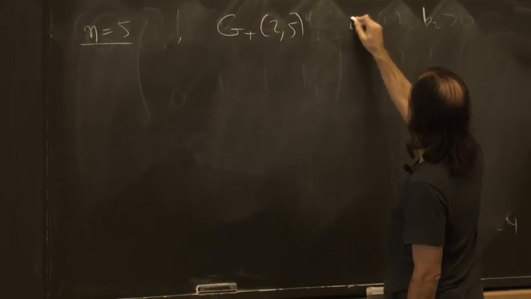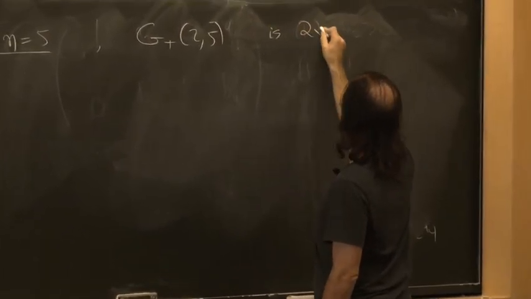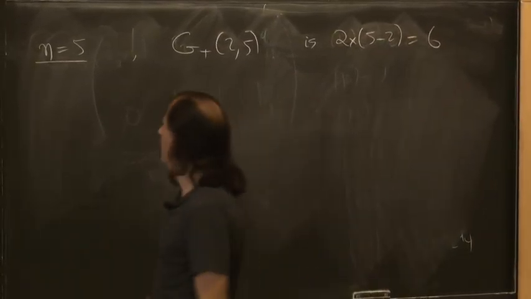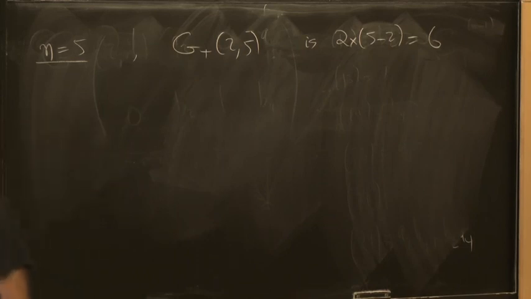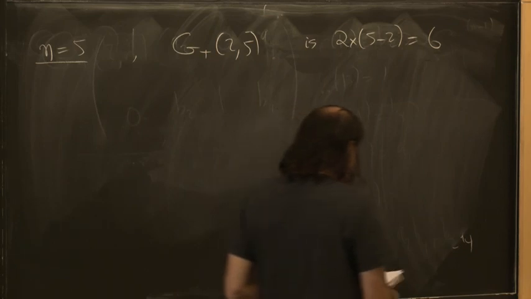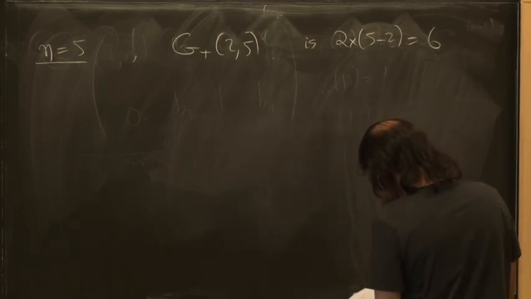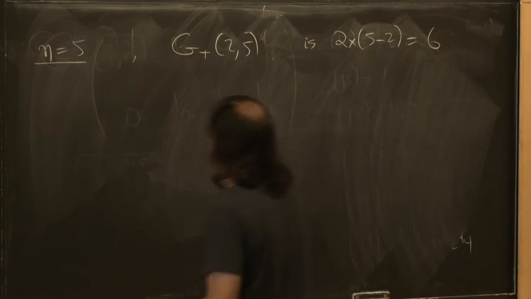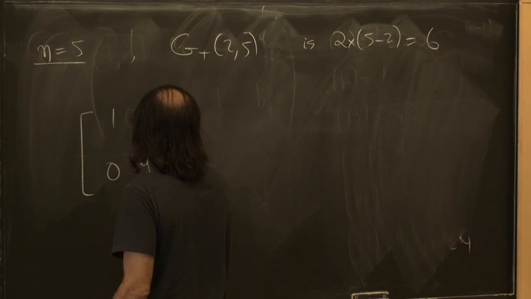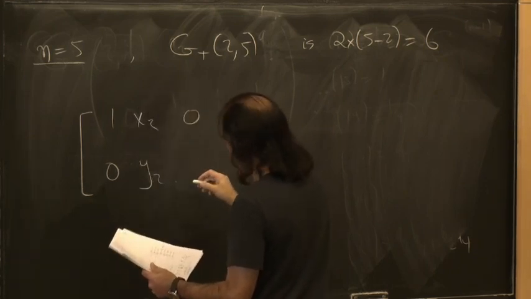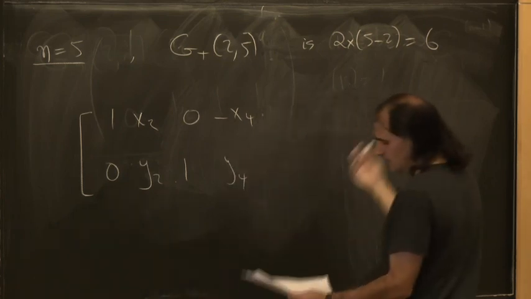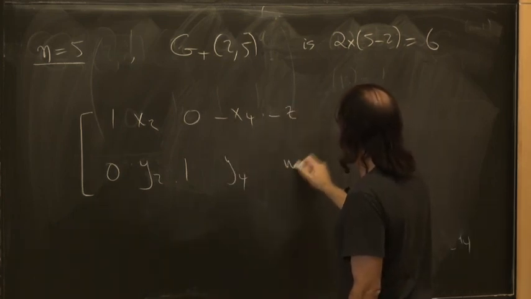So this is a 6-dimensional space. It's 2 times 5 minus 2 equals 6-dimensional. And so let's choose some coordinates. I want to make it look as much as the nice coordinates for G24. So I'll start with what I had in G24, and then life gets complicated at the end.